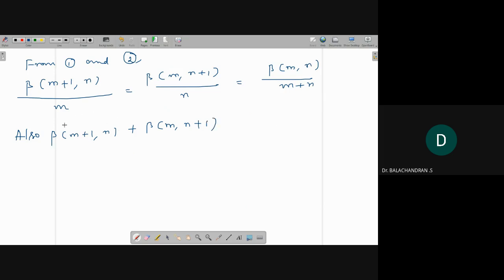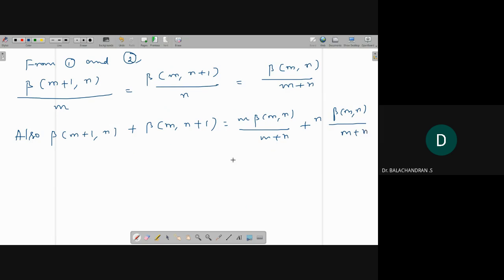This is equal to what? m into beta of m comma n divided by m plus n, plus beta of m comma n plus 1 equal to n into the same thing, beta of m comma n by m plus n.